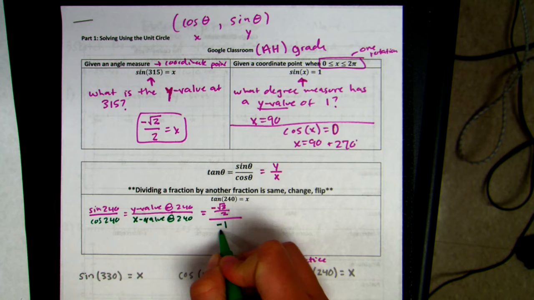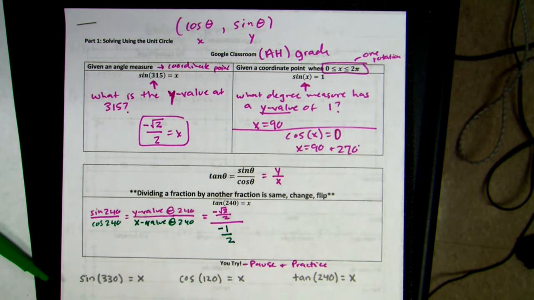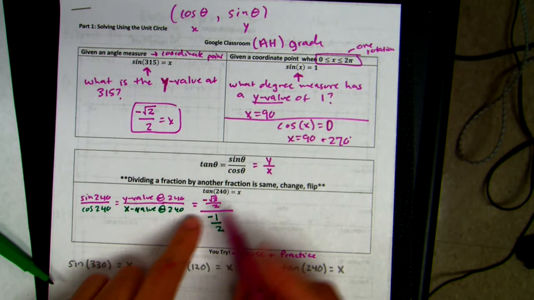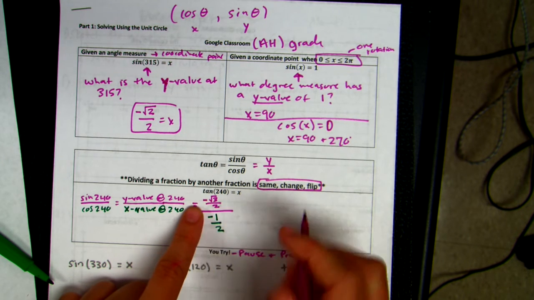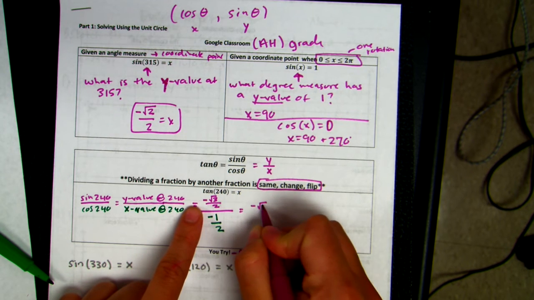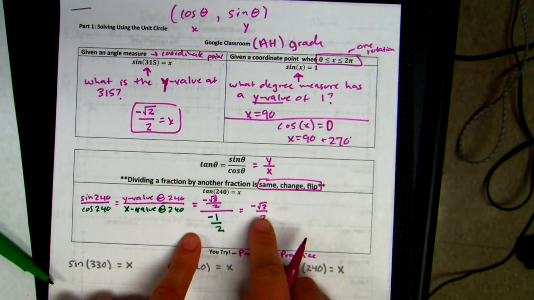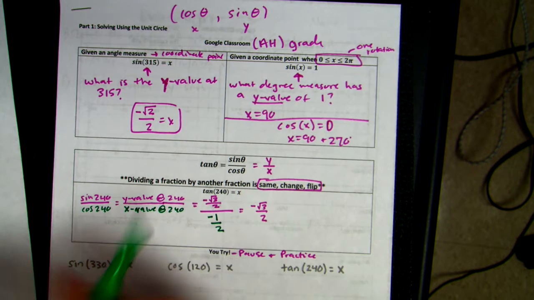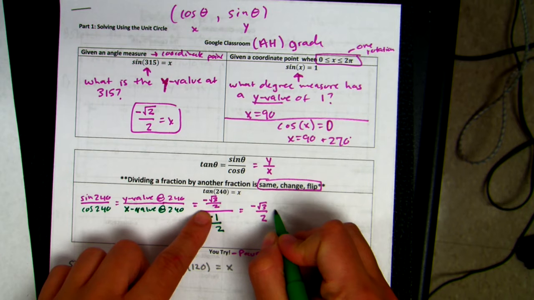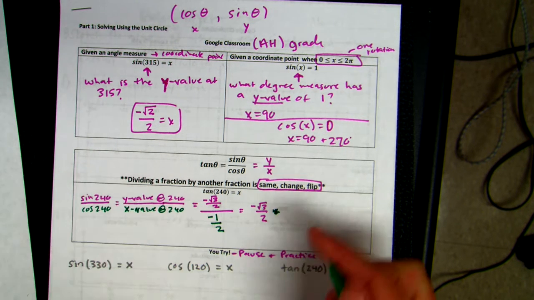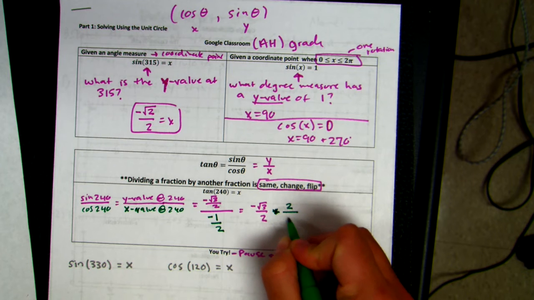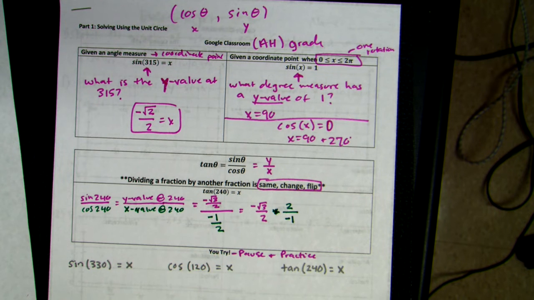When I'm dividing a fraction by another fraction, I do same change flip. My first fraction, negative square root of 3 over 2, stays the same. Division changes to multiplication. And my second fraction flips. So my second fraction becomes 2 over negative 1.